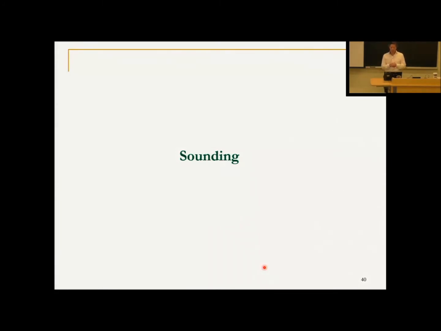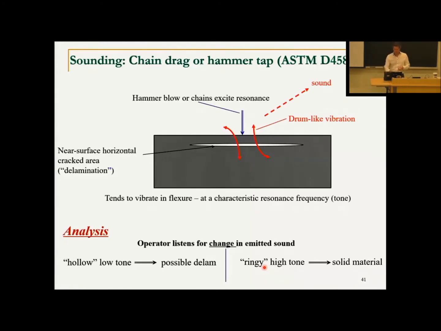In this method, this first one is called sounding. You may know it as chain drag or coin tap. But the idea is very simple. When you have a large structure, but inside of which there is a defect near the surface, it's possible that by mechanically exciting this object and listening, we can find a difference in tone and say, there's a defect underneath.